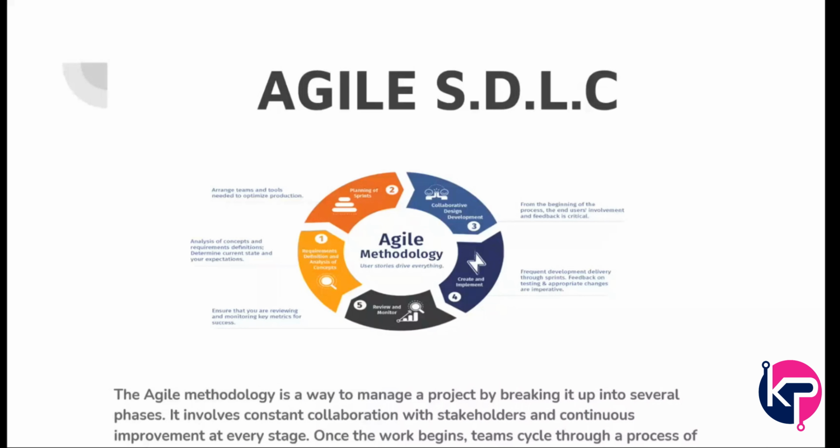The agile methodology is a way to manage a project by breaking it into several phases. If I wanted to develop a small cycle, I will go with the first wheel. What kind of wheel? What is the inch size, whether it's R13, R15, R16, everything.